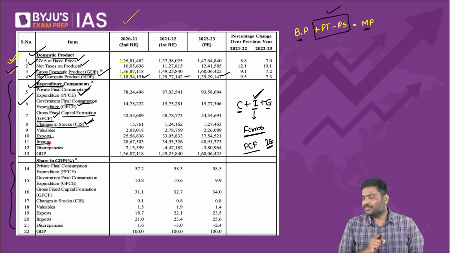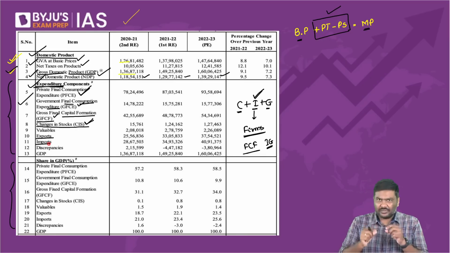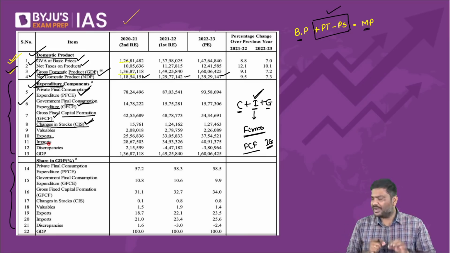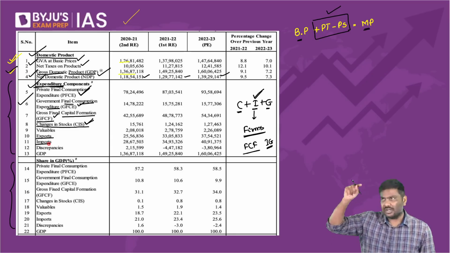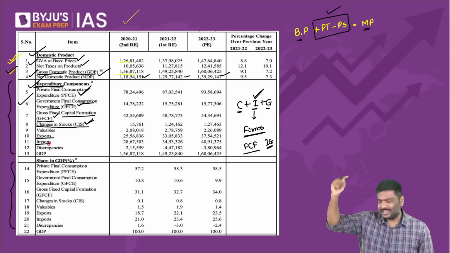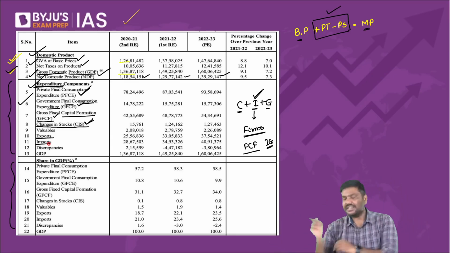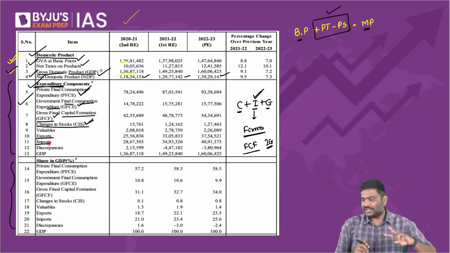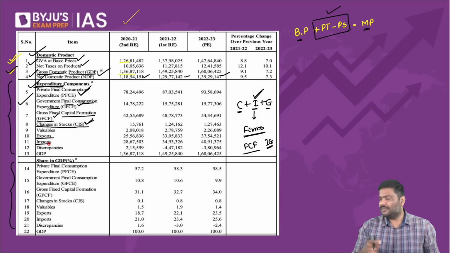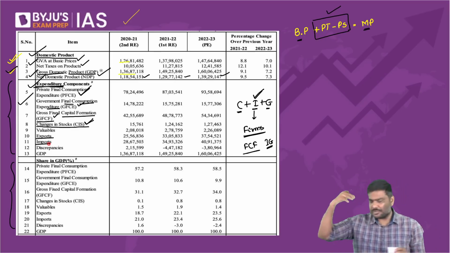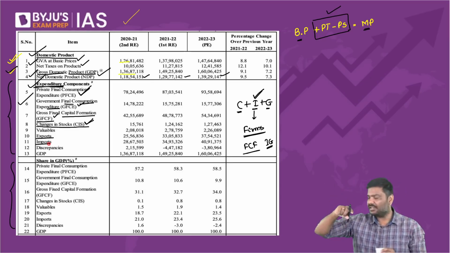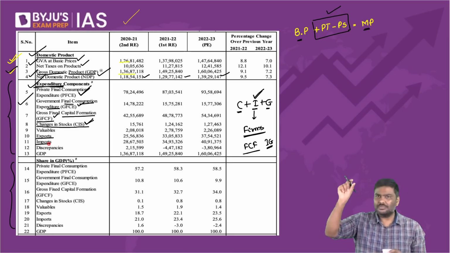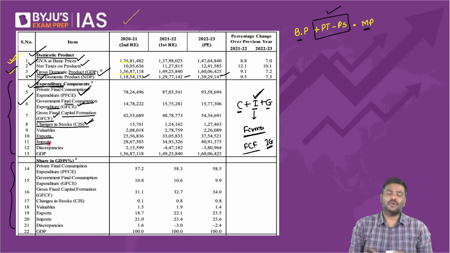Whenever there is any difference between the production and expenditure methods, they will adjust the expenditure method to arrive at the same number that they have got in the production method.